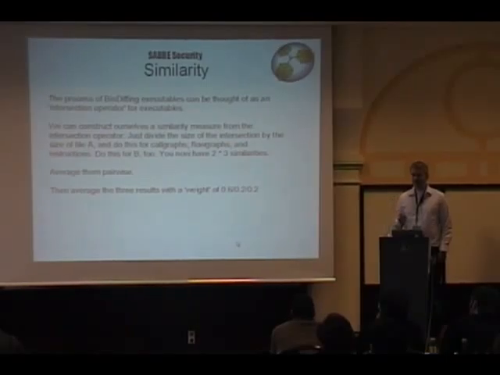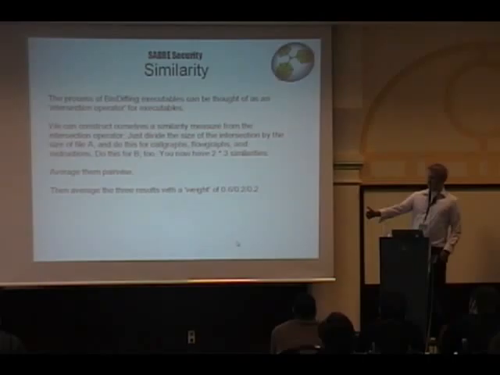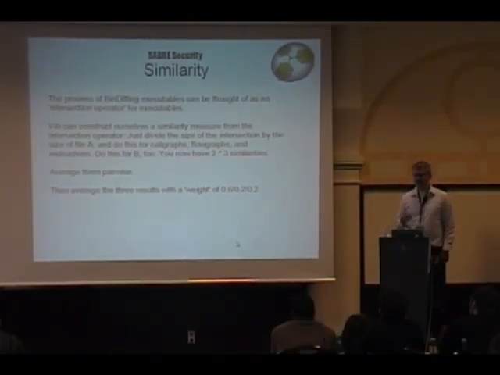And you just average them, and then you get 3 values of similarity, and then you average that with a given weight, giving more weight to the call graph than to the instructions, and you're done. And it's a very, very experimental physics style work, which means, well, this might work. So it's really not exact at that point. The advantage is that if you have an infinitely large executable and an infinitely small one, which is completely contained in the big one, you still get 50% similarity, whether you want it or not.